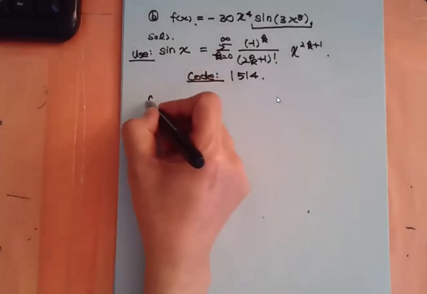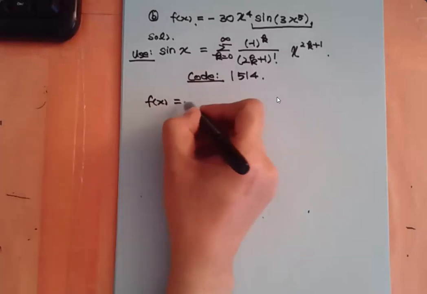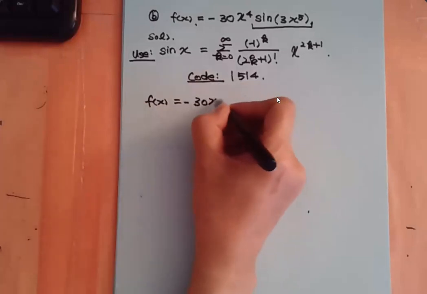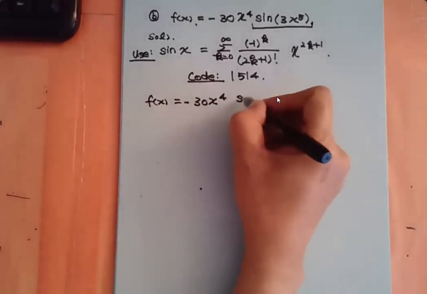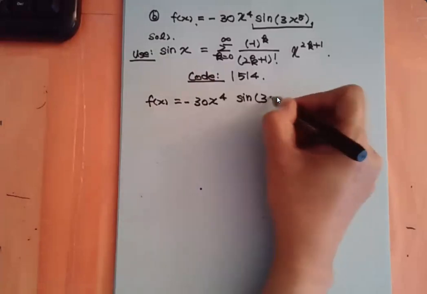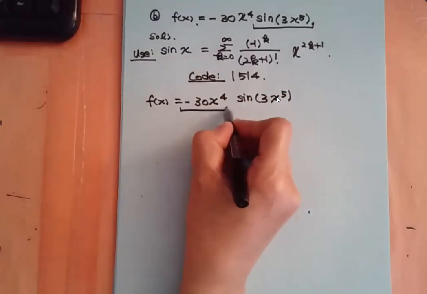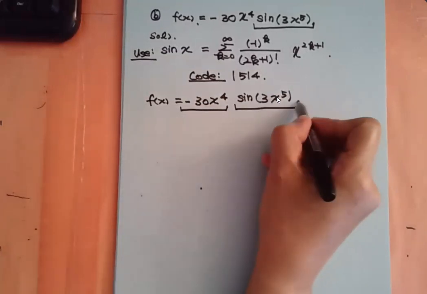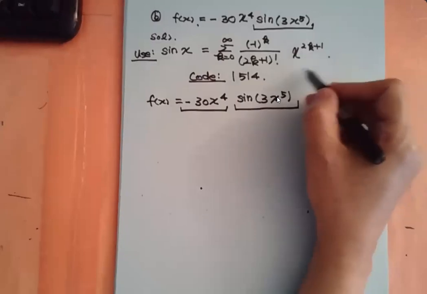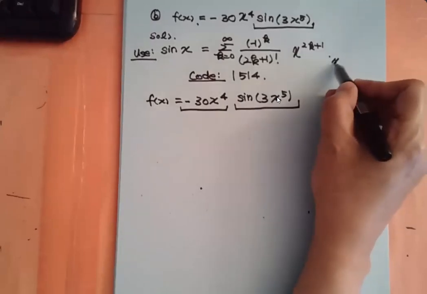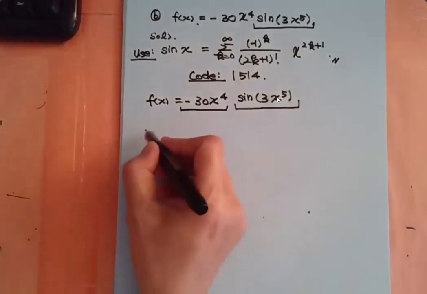So what I will do will be f of x equals -30 x to the 4th power sine of 3x to the 5th power. And this one will be kept. And for this part, we will use this Maclaurin series formula, and then we will expand that out.